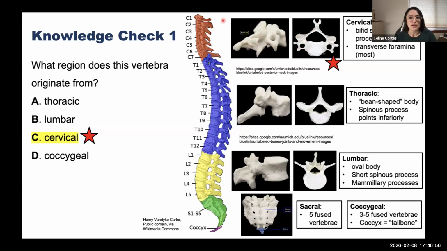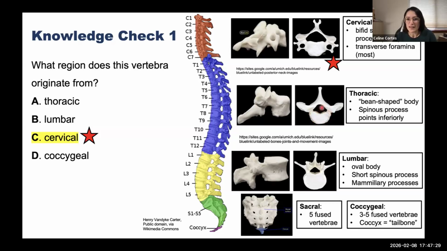As you may be familiar already, our atlas, C1, and C2 are a little bit special. They don't quite have these same features, but they're really weird in and of themselves. They've got some unique features going on, like the atlas, the first one, lacks a body, right? So it's got some pretty cool stuff going on. As we move down to thoracic, they usually describe the body as being bean shaped, so it looks a little like a kidney bean.